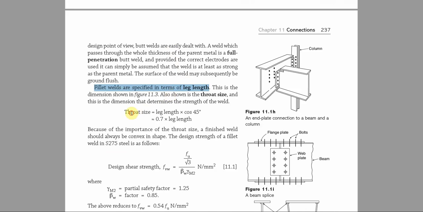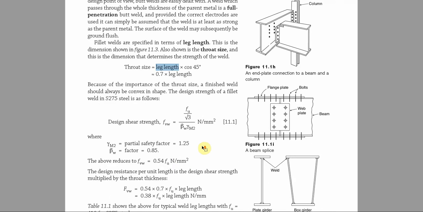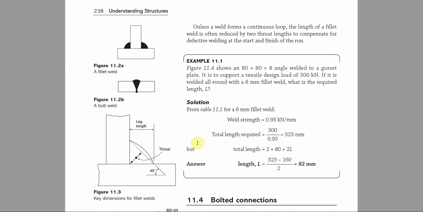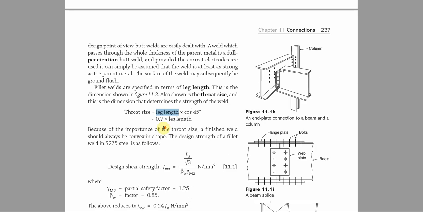Now, how do we know the throat size? The throat size is leg length times cos 45. This is angle 45, which is equal to 0.7 times the leg length. Because of the importance of the throat size, a finished weld should always be convex in shape.